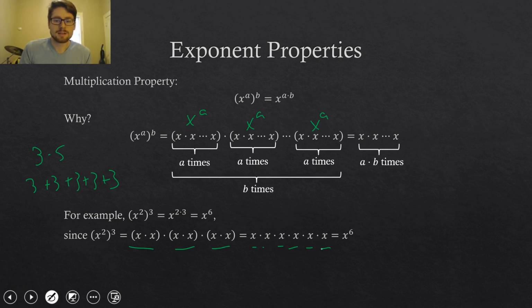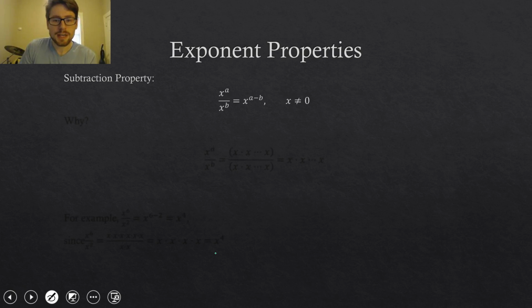Some folks confuse this with other properties. Just remember what it means to raise it to a power, and if you have to, write it all the way out the way I did here. Then it should remind you that the rule is to multiply the exponents together, 2 times 3.